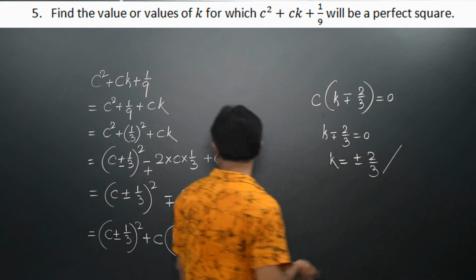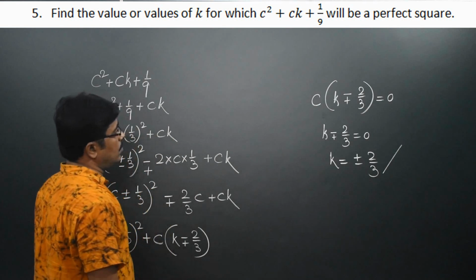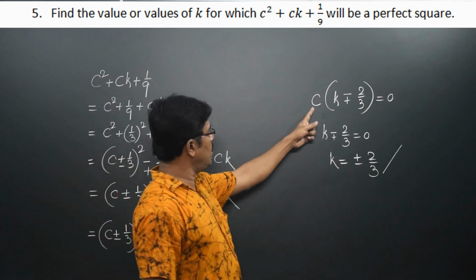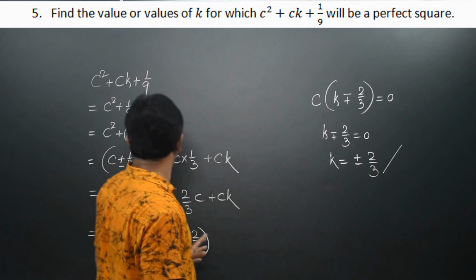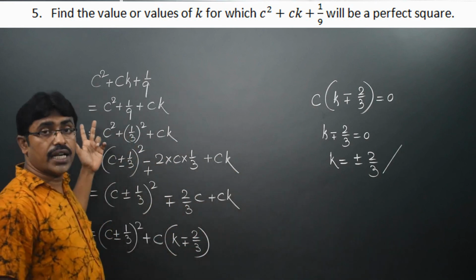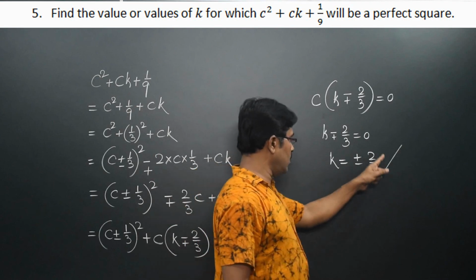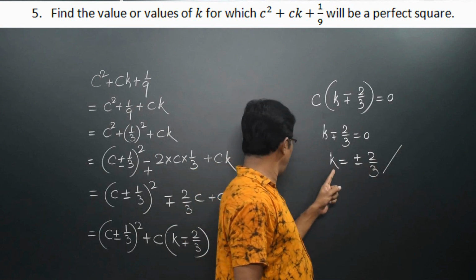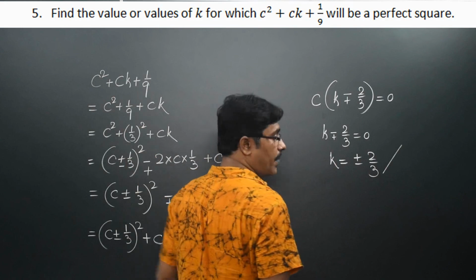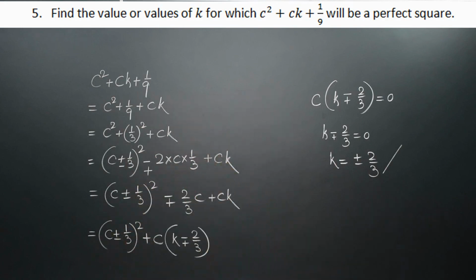This is the answer. Now look here, we did not take c as 0. c can take any values. For any value of c and for these two values of k, this will be a perfect square.